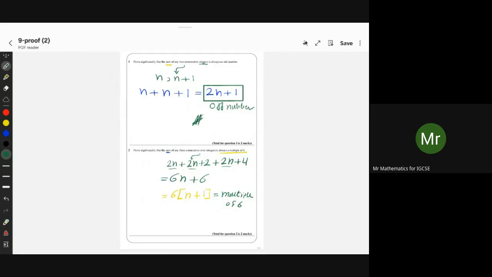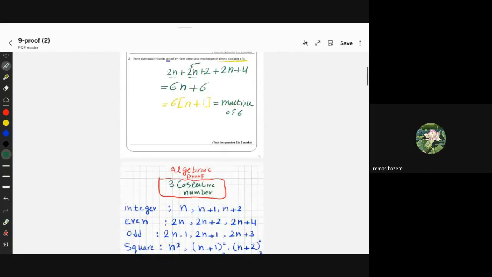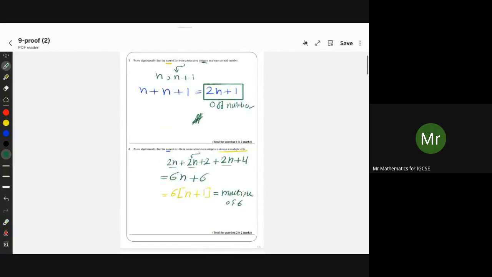The odd numbers are 2n plus 1. n, n plus 1, n plus 2 are integers. But it says an odd number. He said the sum of them. That's why we add the two integers to find an odd number.